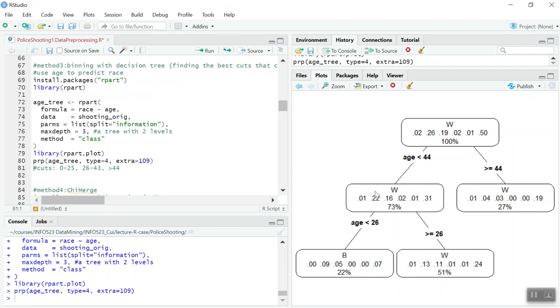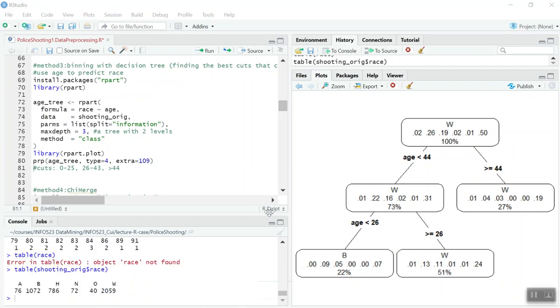However, we can see this is also very prominent, so we need to see how those map to our race.